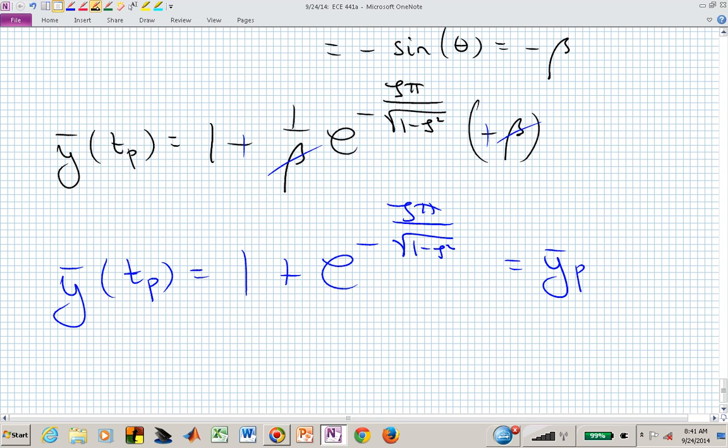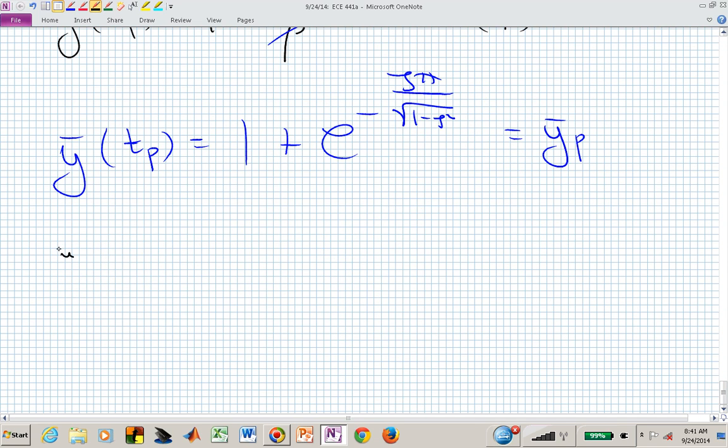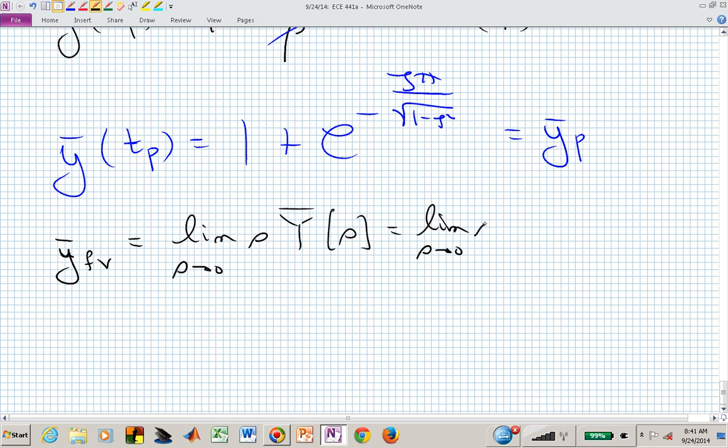We also are going to need to find our percent overshoot. We need the final value of y bar. But that's just the limit as s goes to 0 of s times y bar of s. Y bar of s was this omega sub n squared over s squared plus 2 zeta omega sub n s plus omega sub n squared.